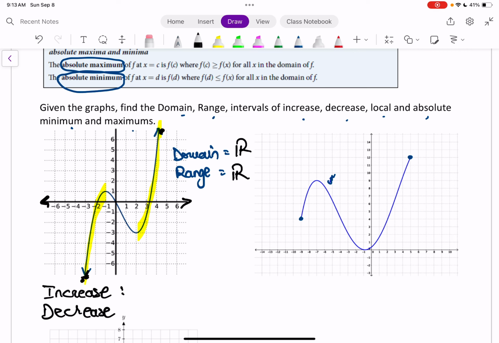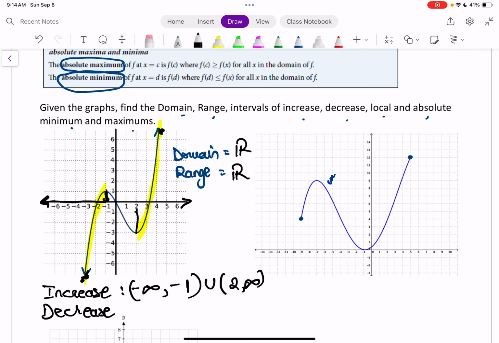As you see, it's increasing from negative infinity up to an x of negative 1, and then again from 2 to infinity. When you're looking at the intervals of increase, you do want to read those x coordinates. So all the way up to negative 1, the graph is heading up.